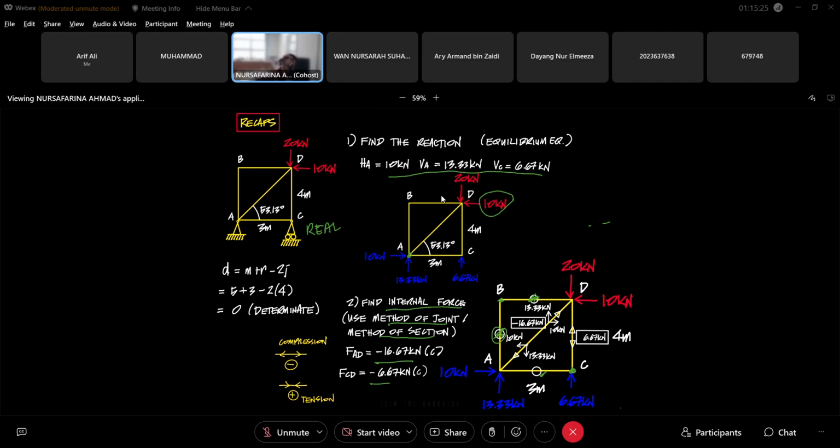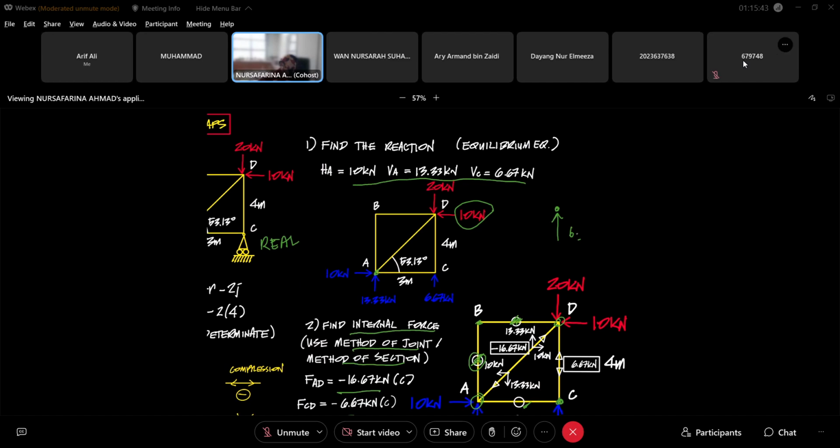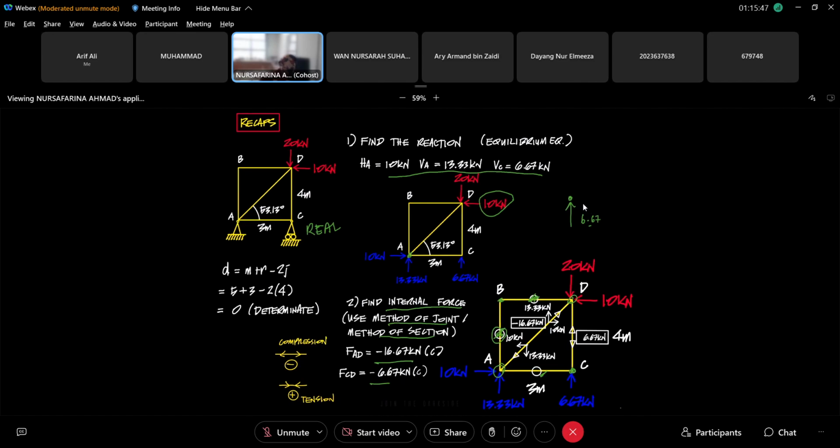You can start at D joint or A joint. So I will choose D joint. Right, so I dah tahu dekat sini 6.67 sebab dia compression. Okay, right, so you akan nampak dia opposite dekat bawah untuk joint ni, this is joint D.